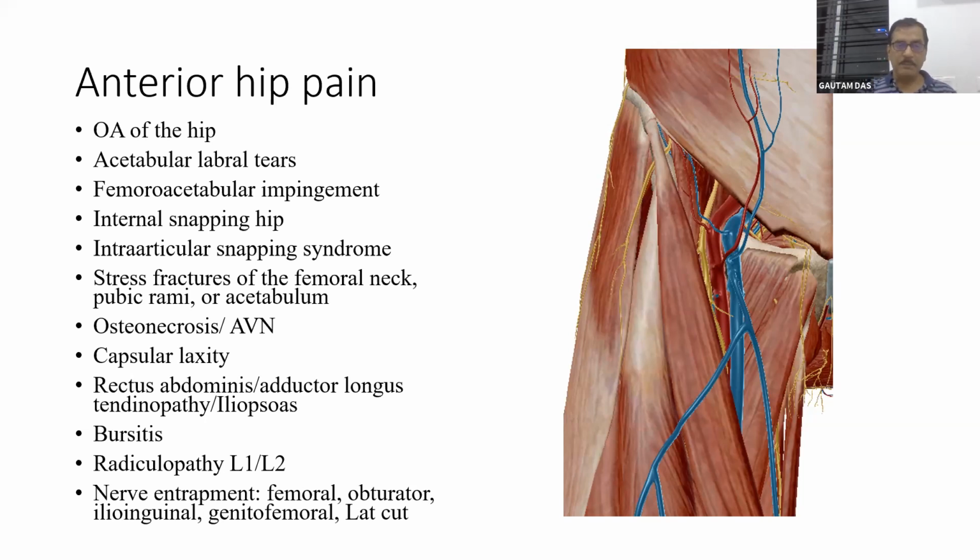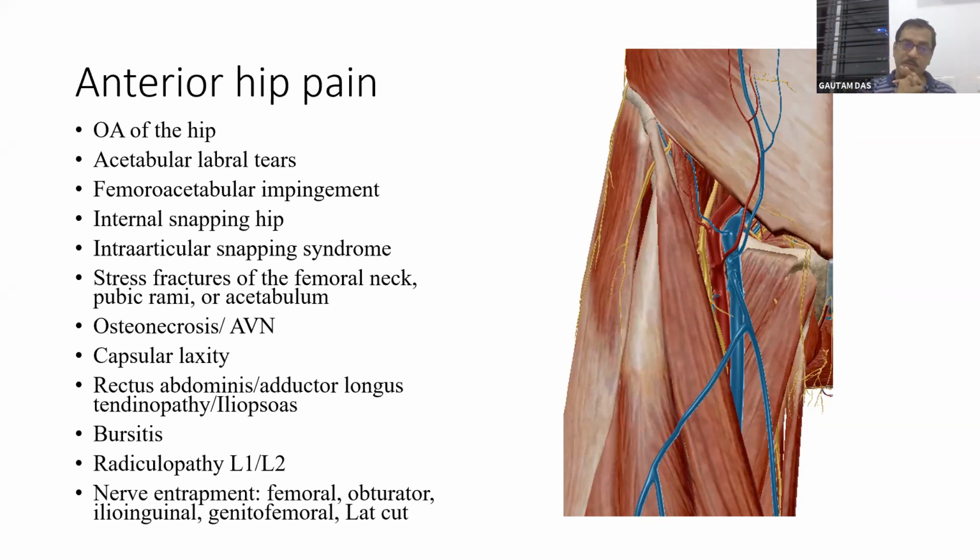So snapping hip is a condition which is mostly of two types: intra-articular and extra-articular, and the extra-articular is internal, meaning iliopsoas, and external, meaning the one obstructing over the greater trochanter, mostly the tensor fascia lata and iliotibial band.